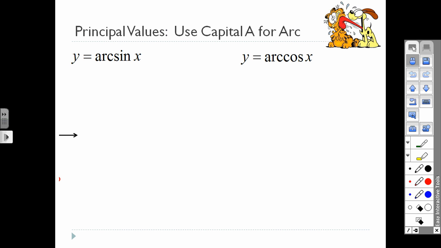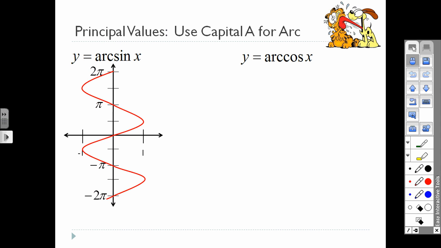Okay, so what I'm going to do here is graph what arc sine looks like, lowercase arc. You can see that it will just keep snaking its way up and down the y-axis. And of course, this graph fails the vertical line test, so it's not a function. But what if we wanted to restrict our range for y to give us a function?